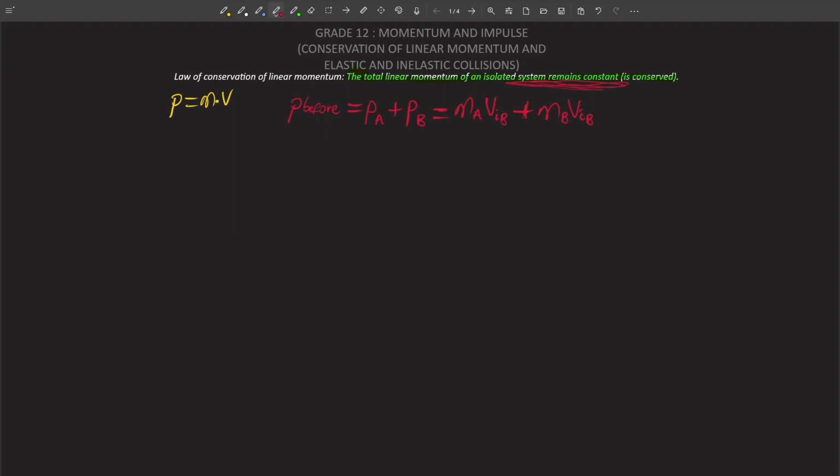So when you have something like this, you will also have the momentum after collision.